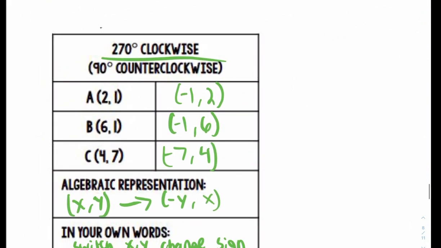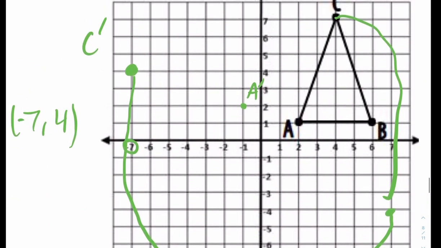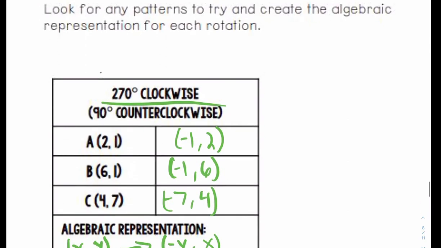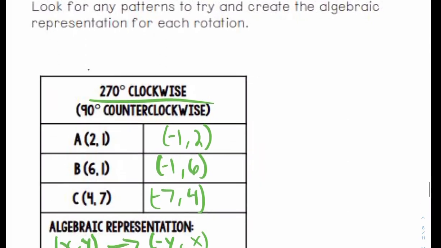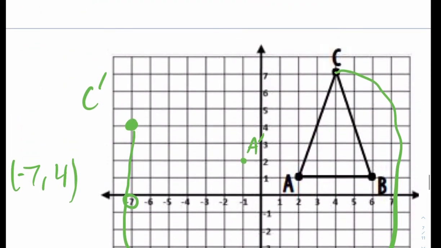Now we have negative 1 for x, 6 for y. Oh, okay. In the middle of explaining this to you, I forgot which way this was supposed to face.